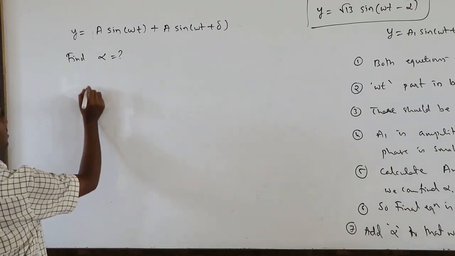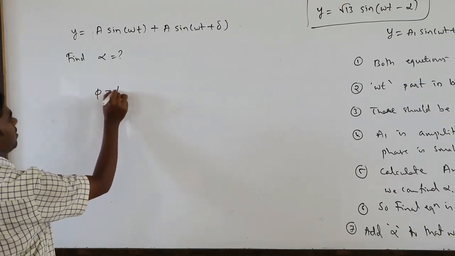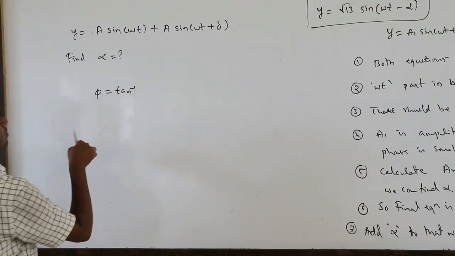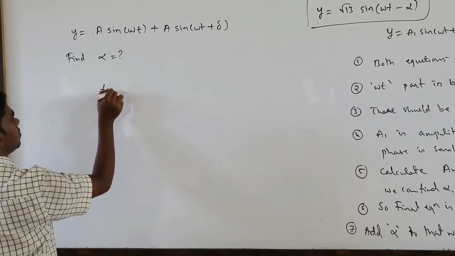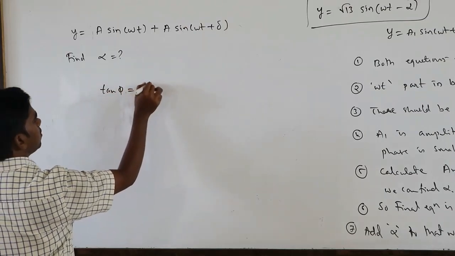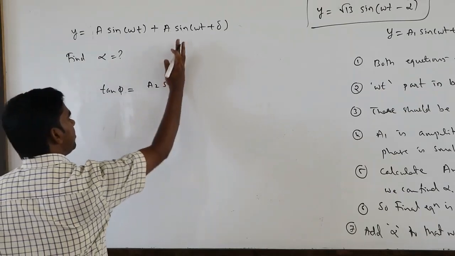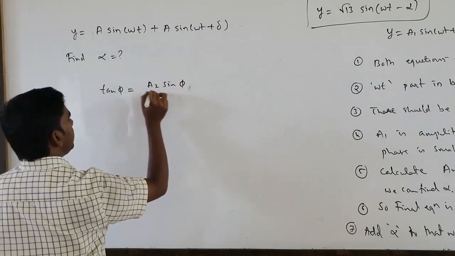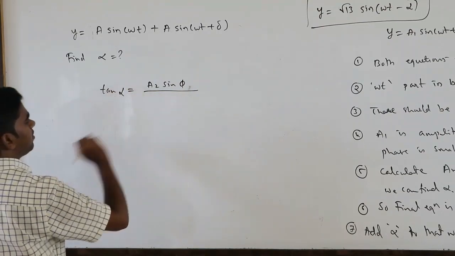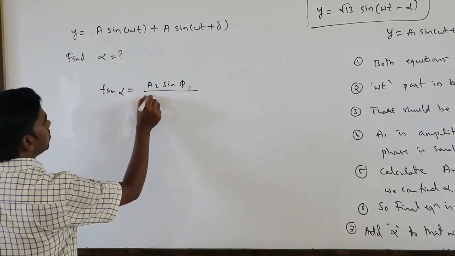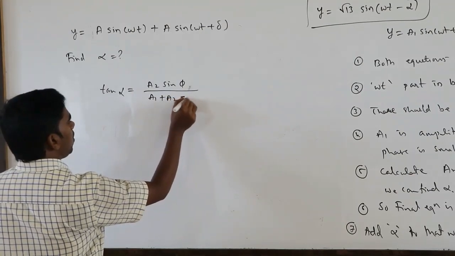tan alpha equals a2 sin phi divided by a1 plus a2 cos phi.